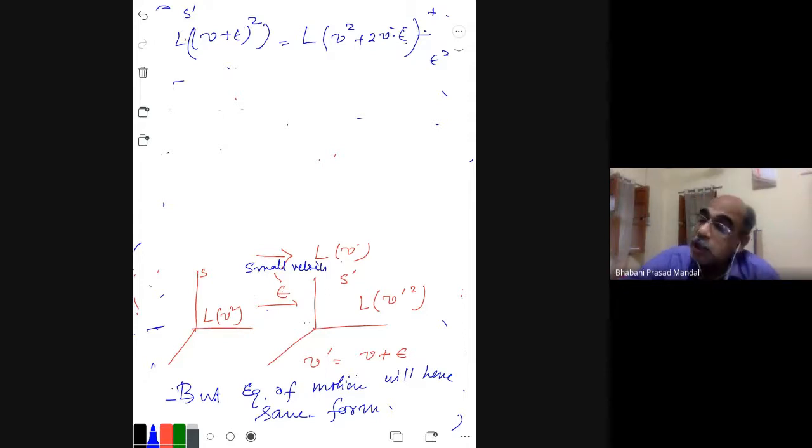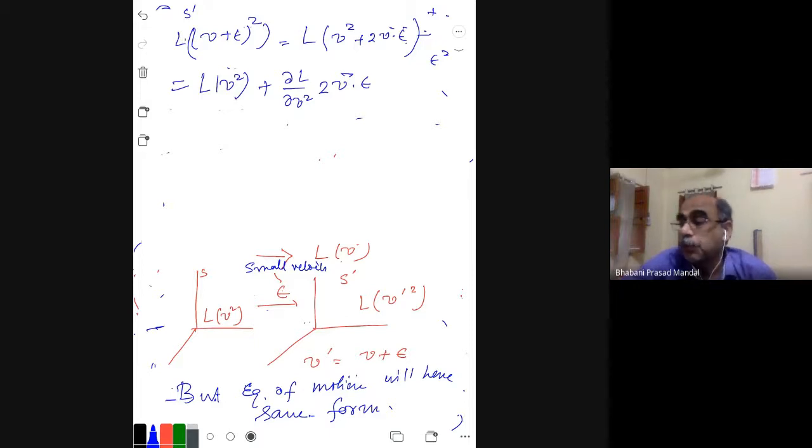Now this I will expand as a Taylor series. So it will be a function of V square, then there will be del L del V square times 2 V dot epsilon, plus order epsilon square. I am neglecting higher order terms. Clear? This is a Taylor series expansion.